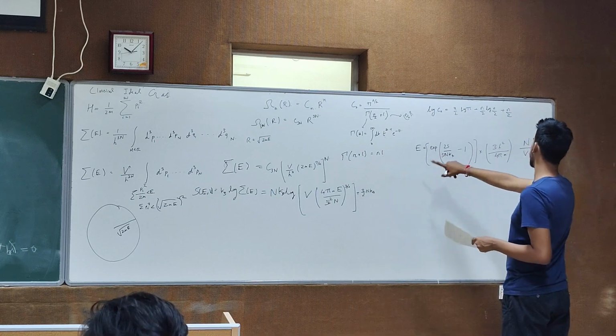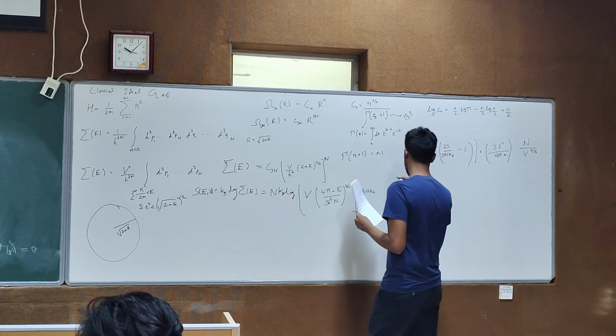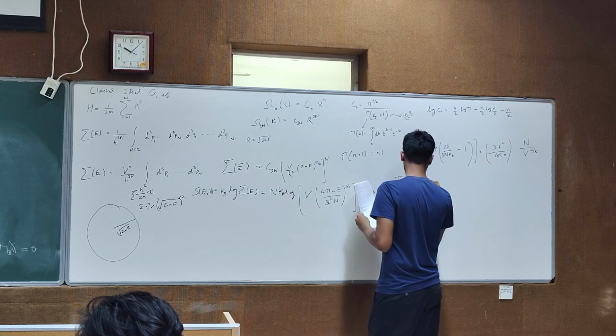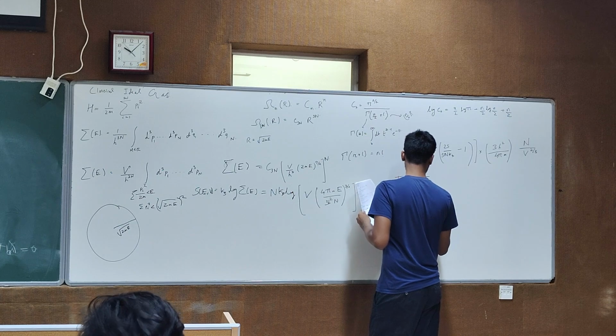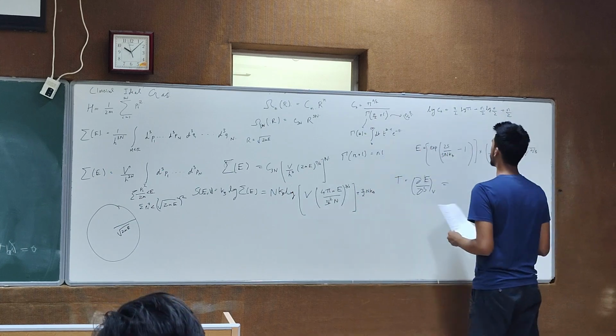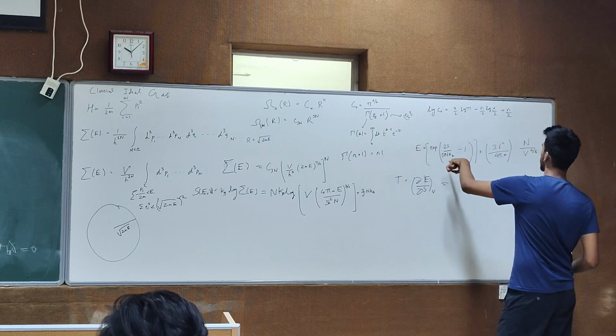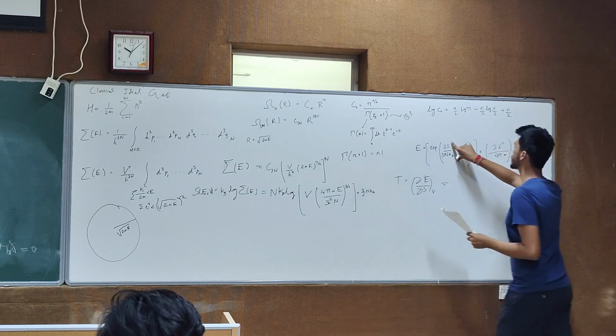So this is the expression of E in terms of S and V, and you can find T from this. T is del E, sorry, del T del S at constant V, which if you do a derivative, you will basically get this out.